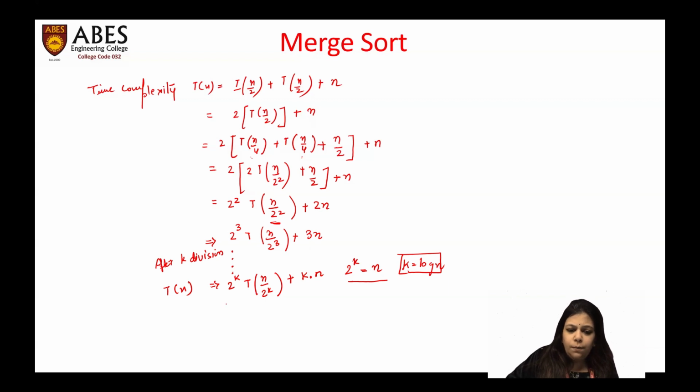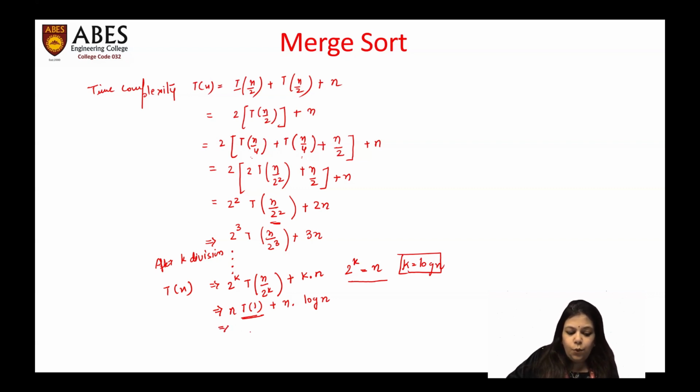Now we are going to simply replace these values. 2 raised to the power k can be replaced by n, and this will become T(n) upon n. So this will become T(1) plus n, and k can be represented as log of n. Now, the cost of one element is going to be a constant time, which can be represented as c.